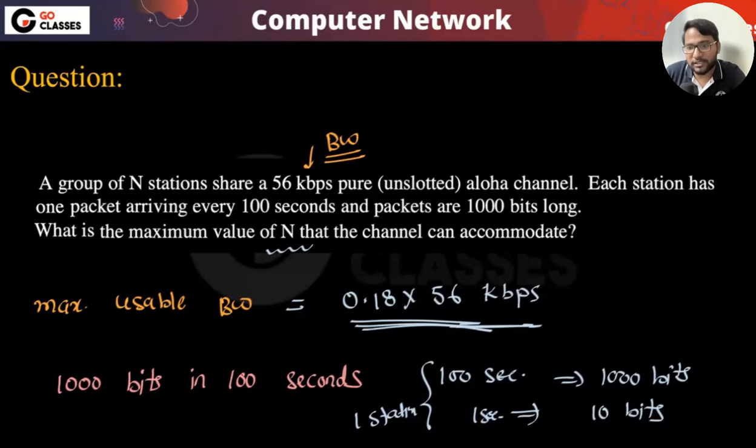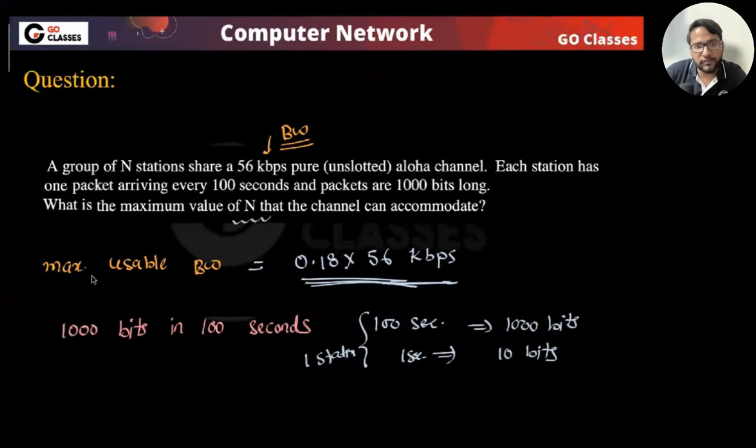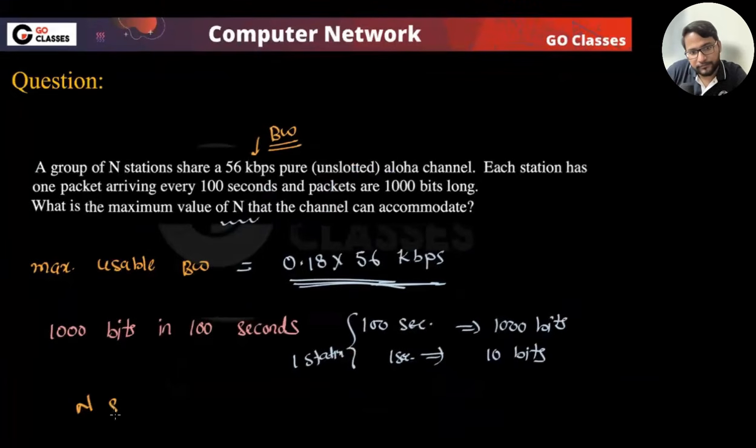If you have n stations, then what you will do? You will say n stations will be sending 10n bits per second, right?